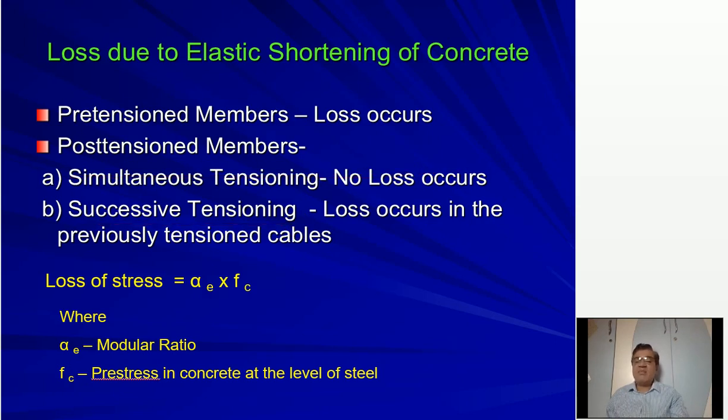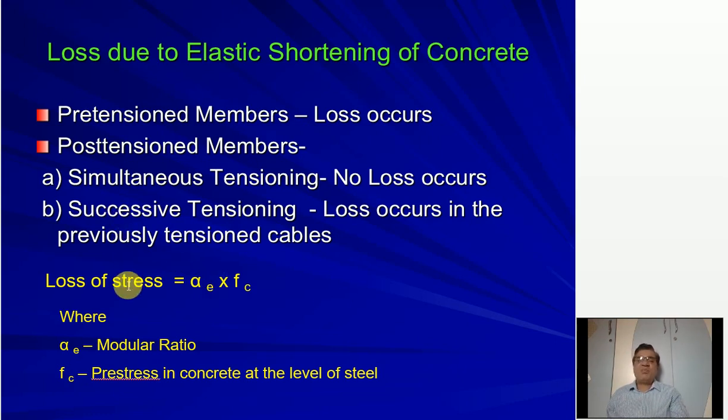When the second cable is tensioned, there is loss in the first cable. When the third cable is tensioned, there is loss in the first two cables. That means the cable which is tensioned initially undergoes maximum loss of stress, and the tendon or strand which is tensioned last undergoes zero loss of prestress. So this is successive tensioning.